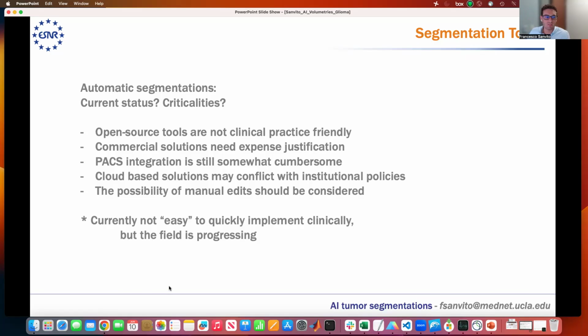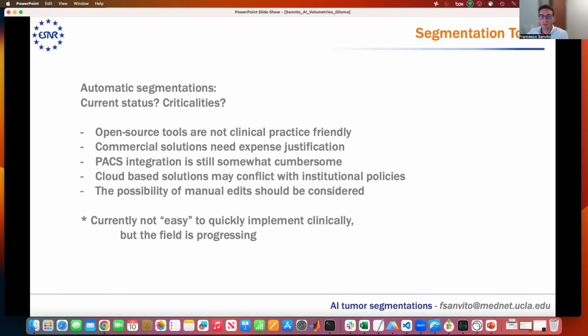And one last point that I haven't mentioned yet, it would be good to have the possibility of applying manual edits if you see that there is something imprecise about the segmentation. I think not all tools allow for that. Some of them, they output a segmentation and that's it. Not always there is a possibility of fine-tuning and refinement. That would be good to have.